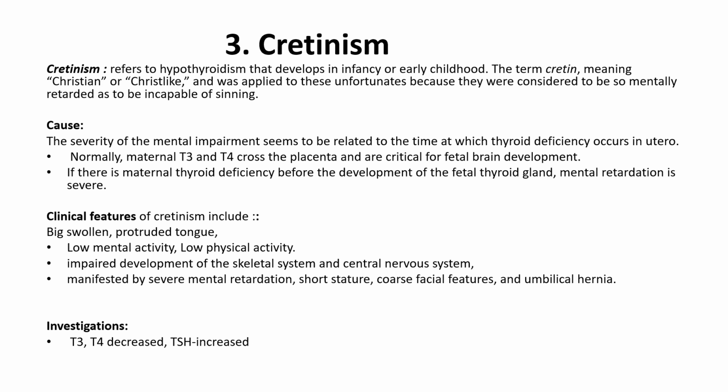If there is maternal thyroid deficiency before the development of the fetal thyroid gland, the mental retardation is severe. Clinically, there is a big swollen protruded tongue, mouth is always open, low mental and physical activity, and impaired development of the skeletal and central nervous system. Because of that, there is mental retardation, short stature, coarse facial features and umbilical hernia. On thyroid function tests, T3 and T4 are decreased and TSH, thyroid stimulating hormone, is increased.